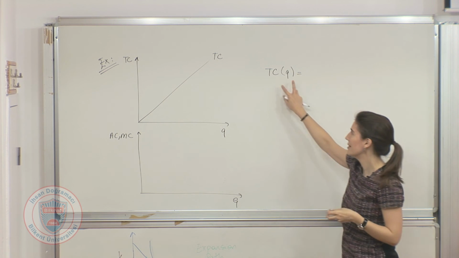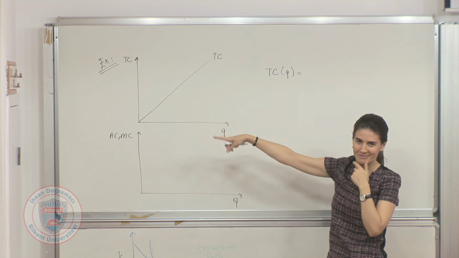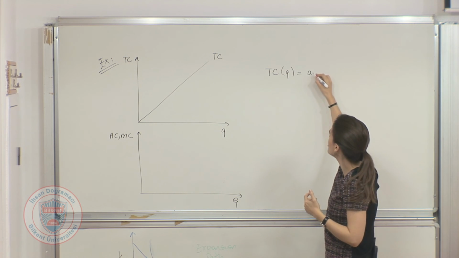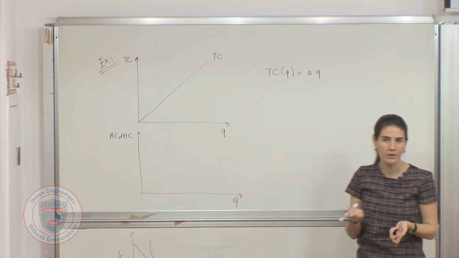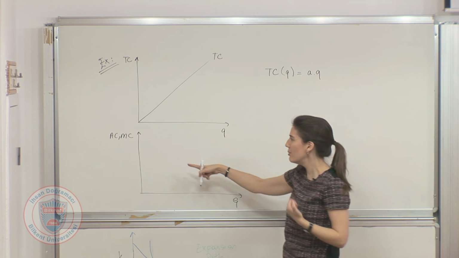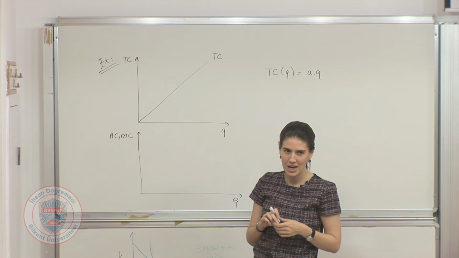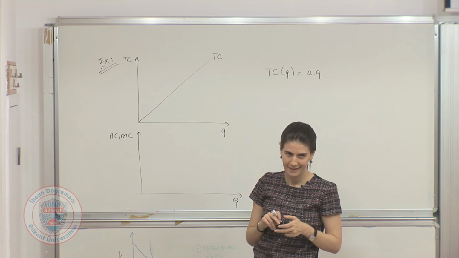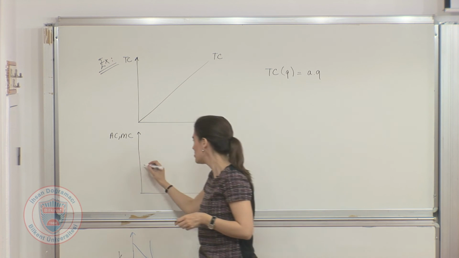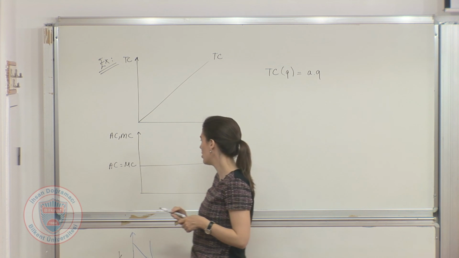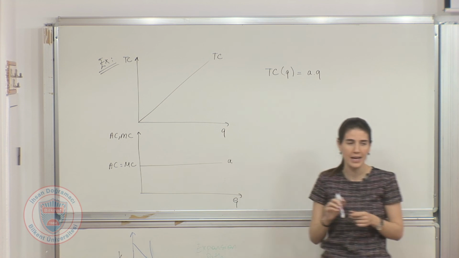This is a constant times Q, A times Q. In this case, what is average cost and what is marginal cost? Average cost is A, and marginal cost is also A. So these lines are like this.